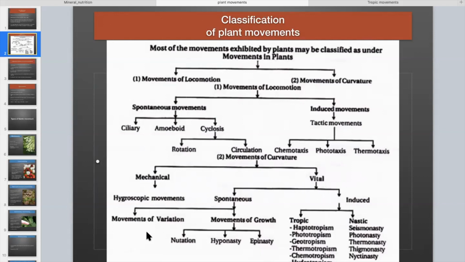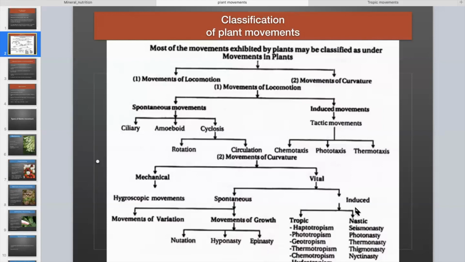Spontaneous vital movements are movements of variation and movements of growth, so these are also called growth movements. Spontaneous means self. These growth movements are again nutation, hyponasty, and epinasty. So these are the movements of growth. Hyponasty and epinasty, you will get an idea of in the coming lecture.